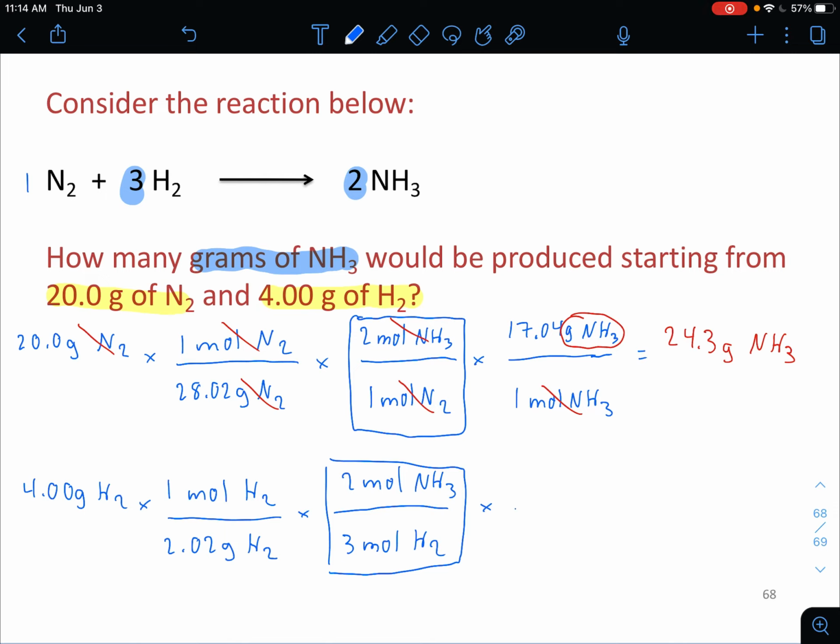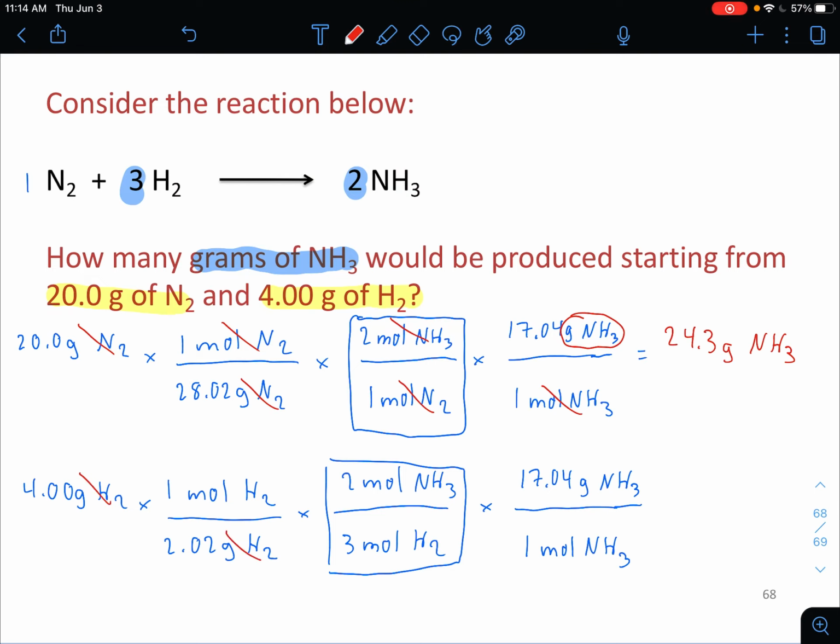And then the last step's the same, right? Converting from moles of product to grams of product. 17.04 grams NH3. Okay.